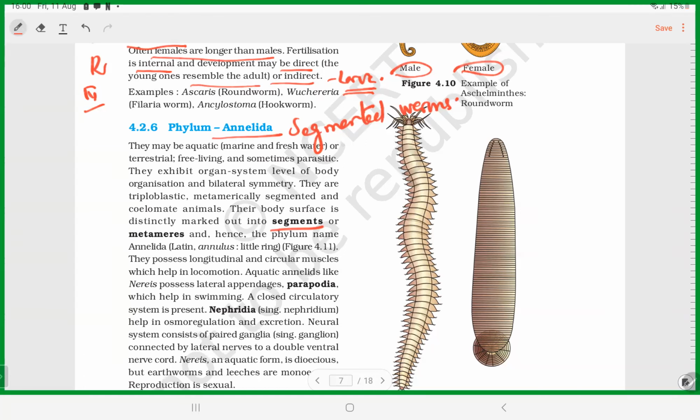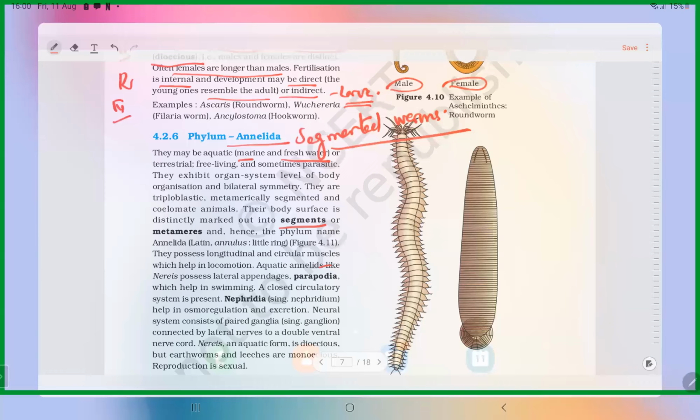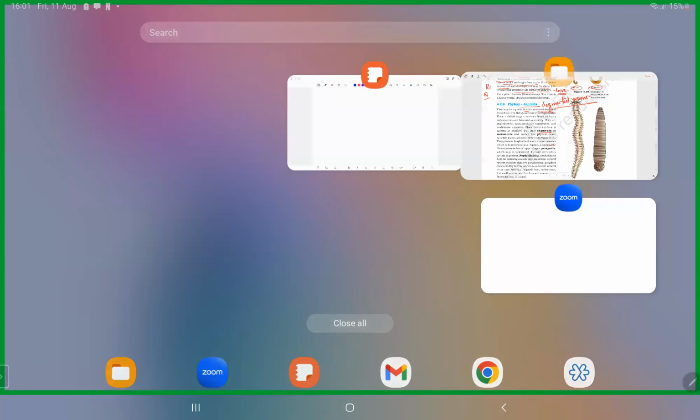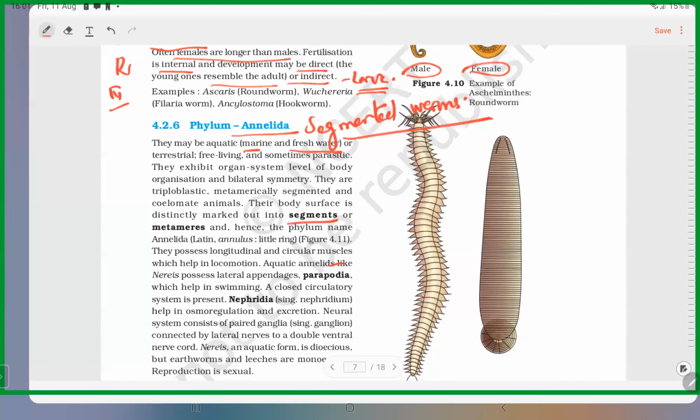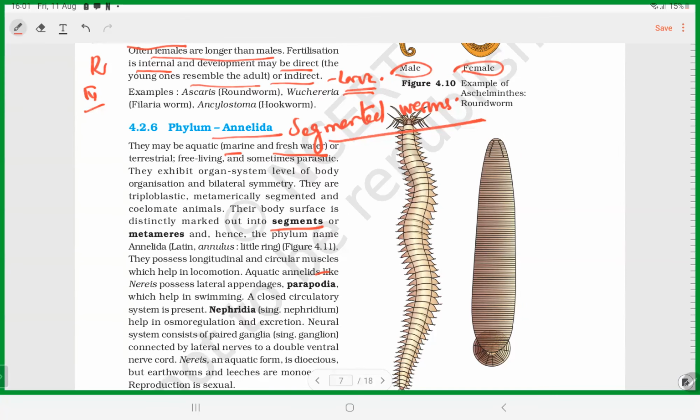And look at that, marine and freshwater, or terrestrial. Means they show both marine and terrestrial forms. So that's the main important thing here.